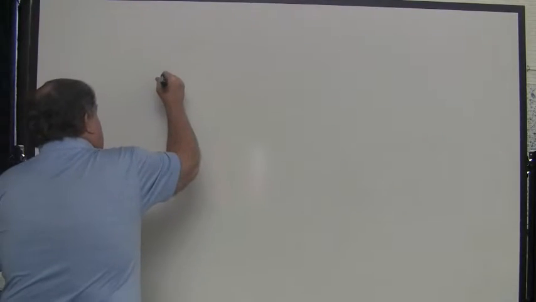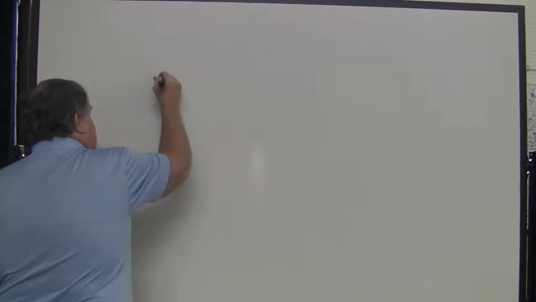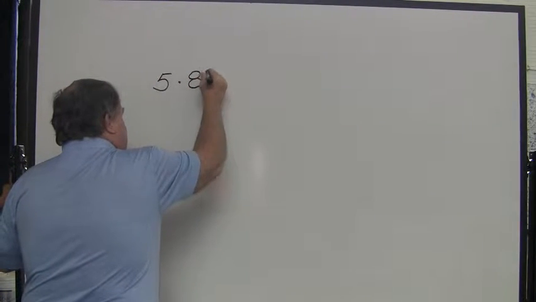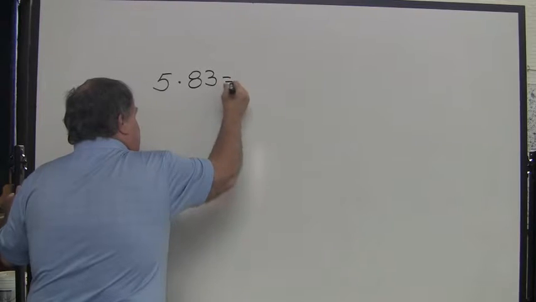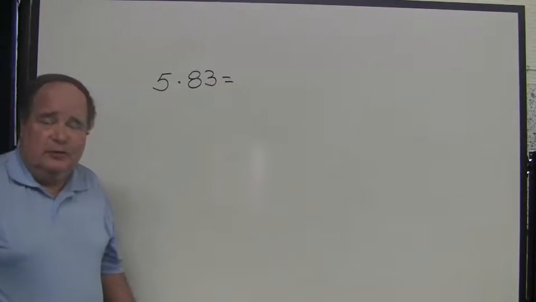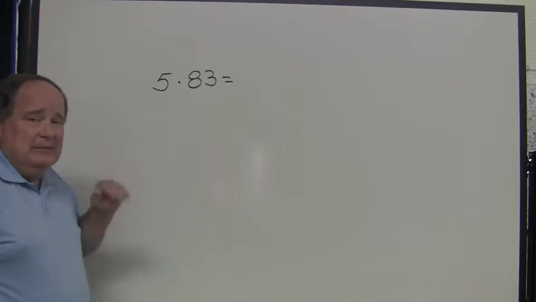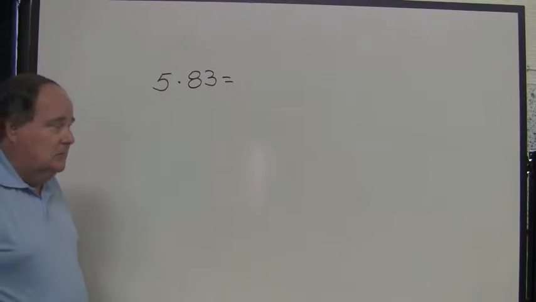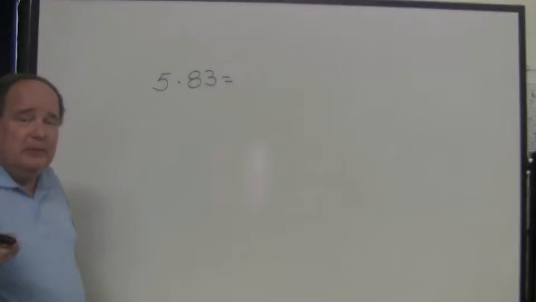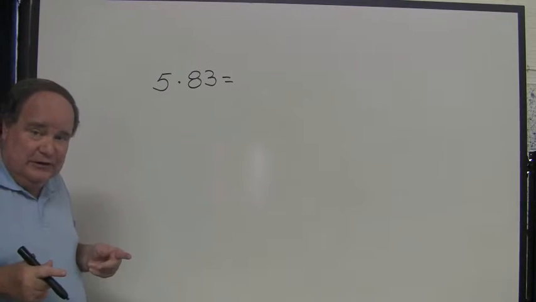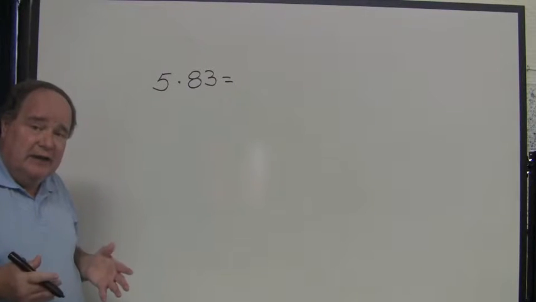What we're going to do now is change this multiplication problem into a problem that utilizes the distributive property. As you can see, we're going to multiply 5 times 83. If I was going to make a distributive property, I'm going to have a number on the outside of my parentheses and two numbers added together.